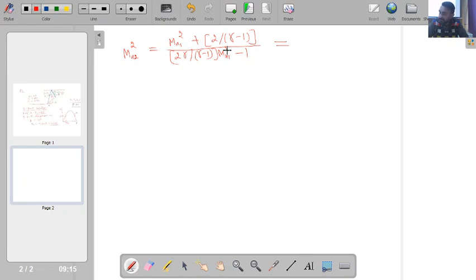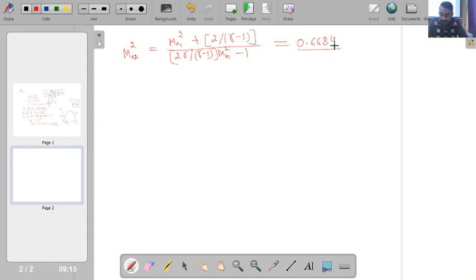If we substitute over here, we can calculate this number. The value comes out to be 0.6684. So this is my Mn2.